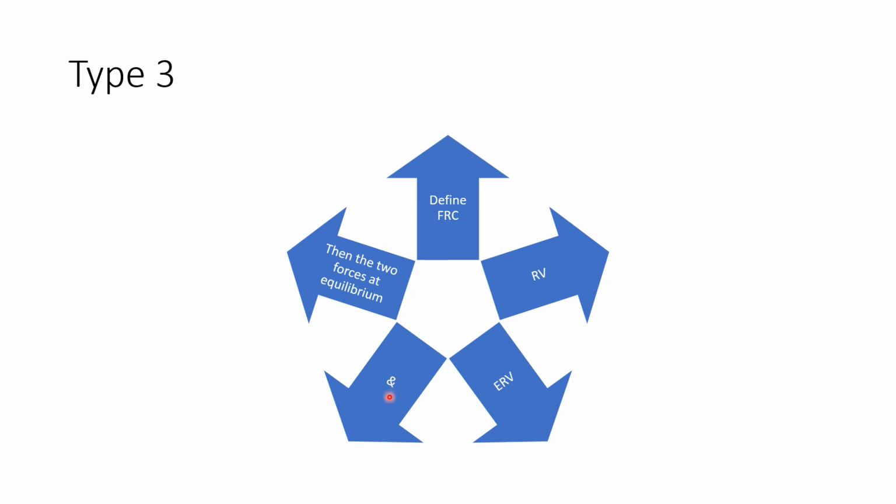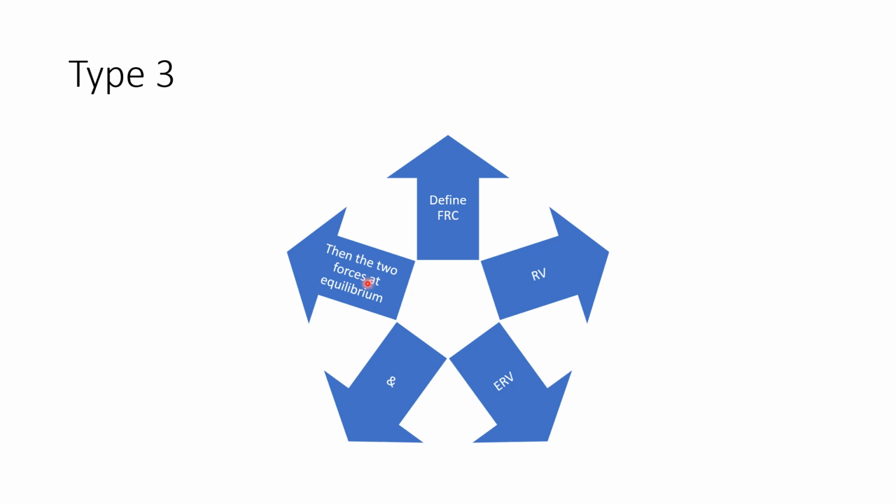Also, when it comes to type 3, we need to understand that there are 2 other forces that should be considered. The 2 forces here are at equilibrium. Now, the elastic tissue of the alveoli has inner recoil capability or force.